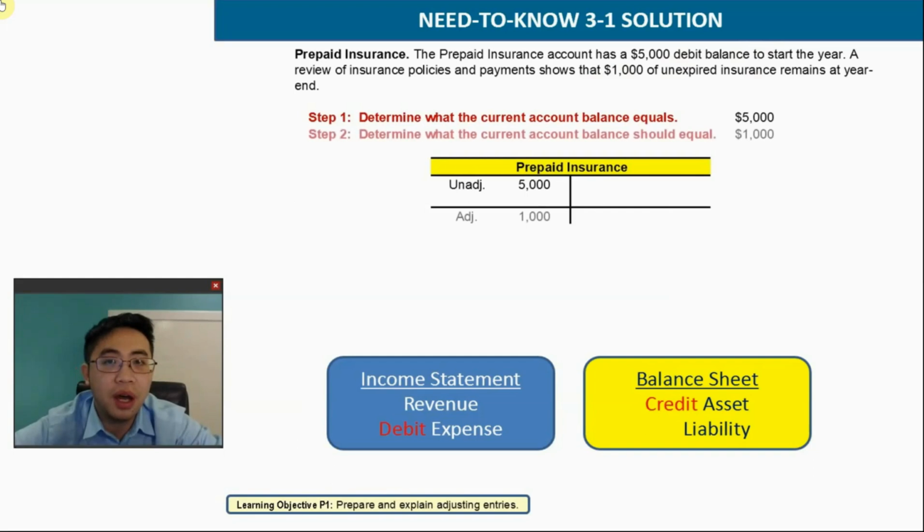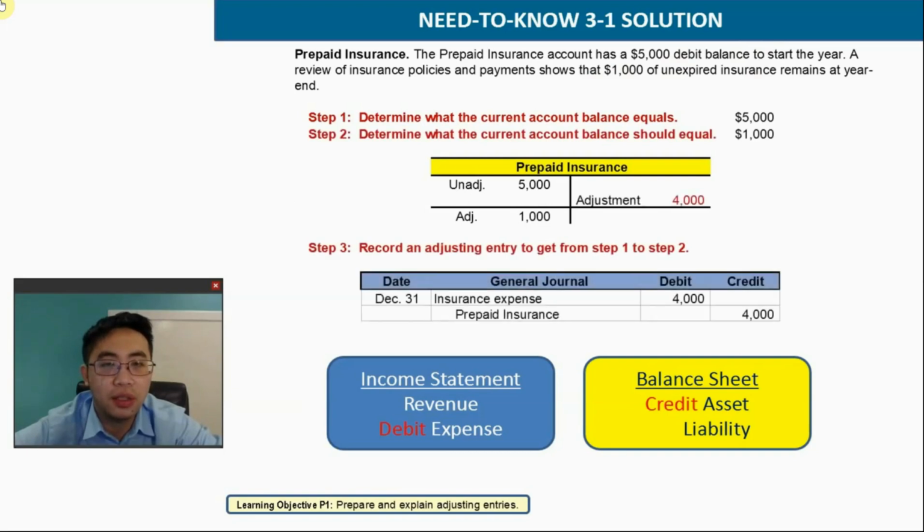Based on the remaining value of prepaid insurance, which is only 1,000, you will know there is a $4,000 adjustment credit for prepaid insurance.